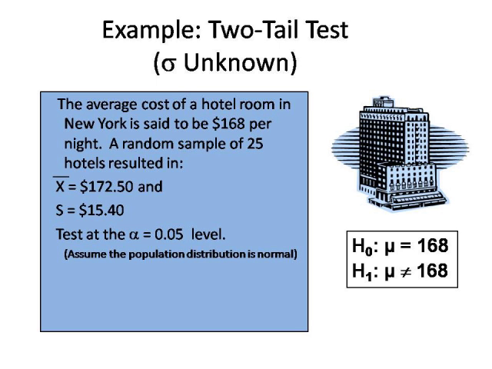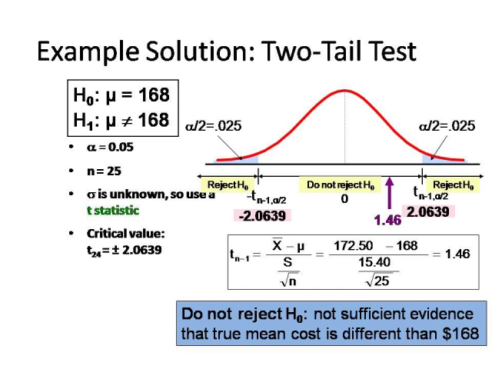Is $172.50 far enough away from 168 to reject the null, or is it close enough that it's just part of the sampling process? Set up the distribution, this time using T. So if it's a 5% test, still 2.5% in either tail because it was two-tail.